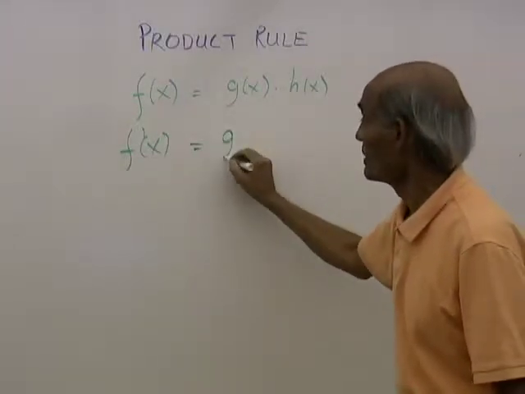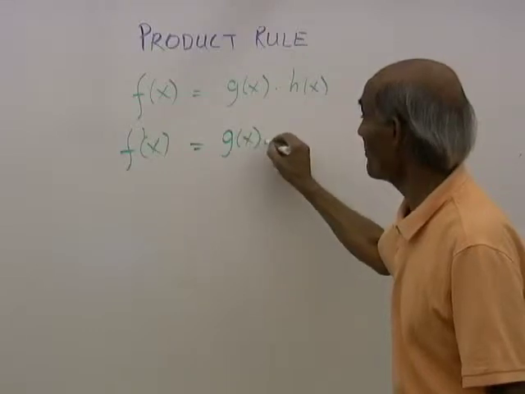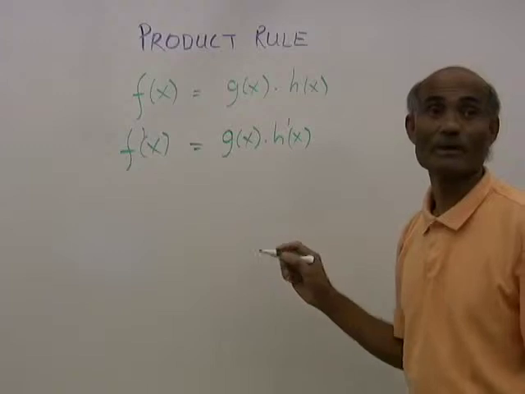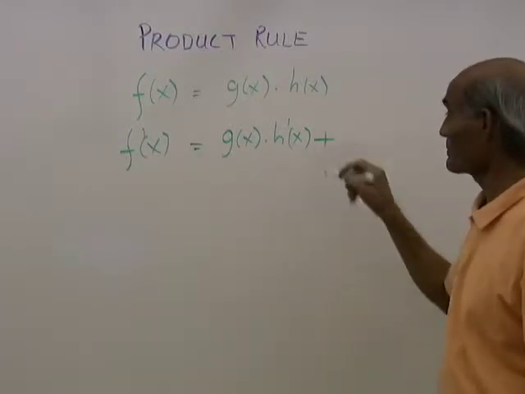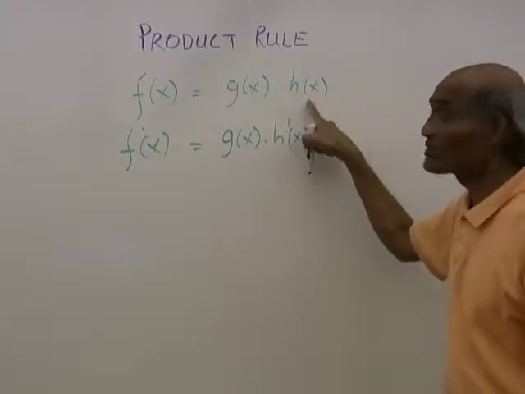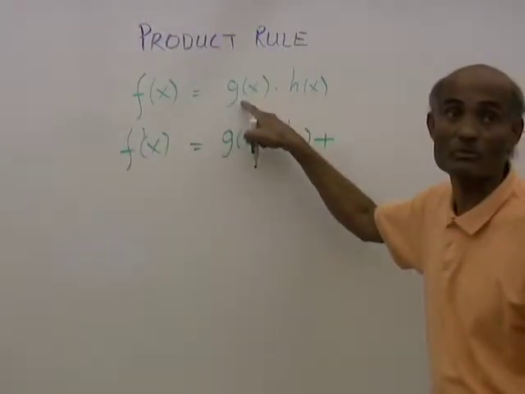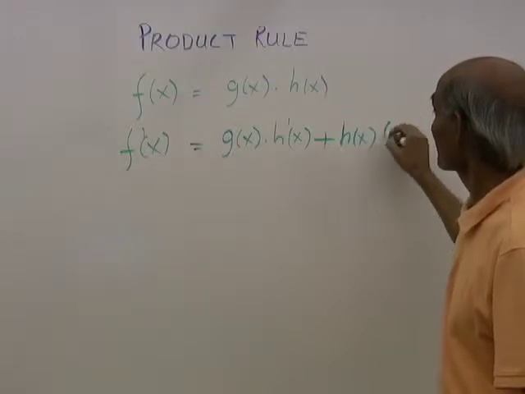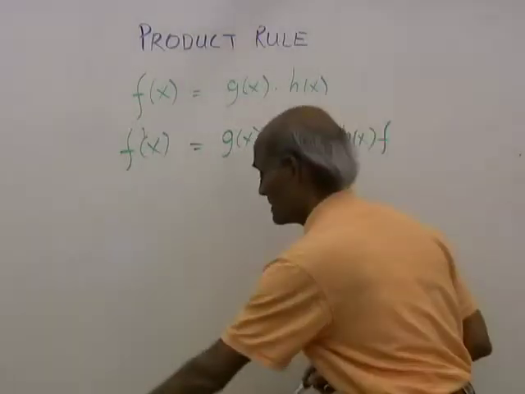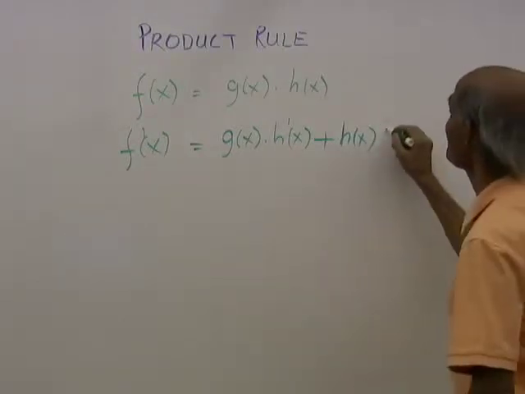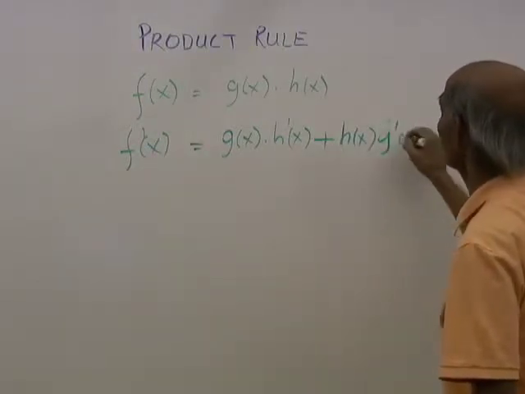In other words, g of x multiplied by h prime of x. Now plus, repeat it the other way. H of x times the derivative of g of x, g prime of x.